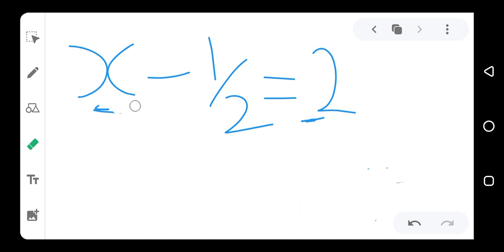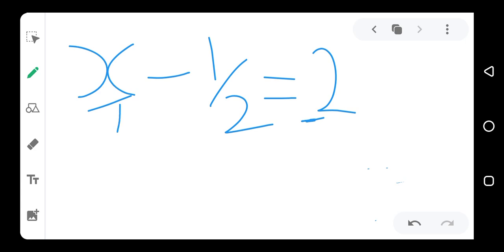If you don't want to simply multiply by 2, we can find the LCM. Anything on its own is over 1, so that becomes a fraction.